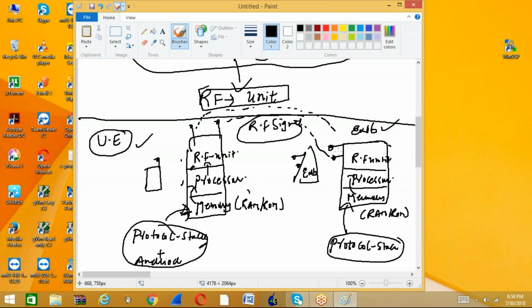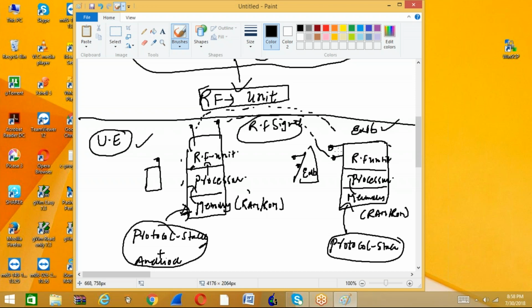In the eNode B also you have memory and processor. So when you want to buy a computer, you go to the shop and say, give me a computer with RAM, ROM, and processor. What will he say? He will first laugh at you, isn't it?